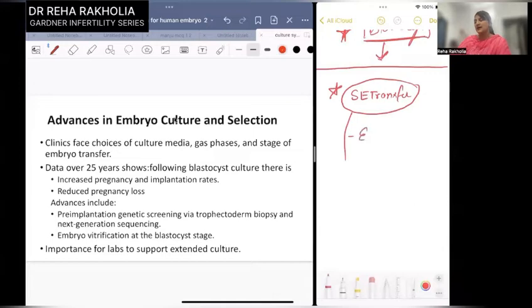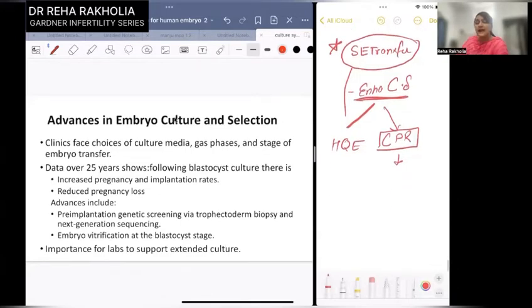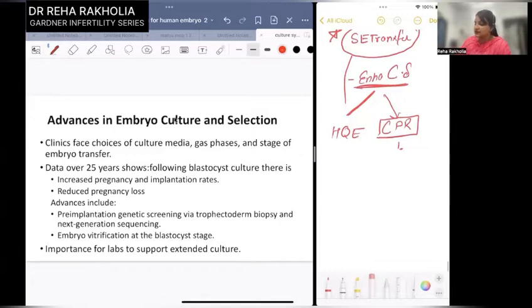Because of the enhanced culture system, which must provide high quality embryos and also impact cumulative pregnancy rate. Okay, what is cumulative pregnancy rate? Cumulative pregnancy rate is the rate of pregnancy per egg retrieval. Okay, it's important to know the denominator. It's per egg retrieval.